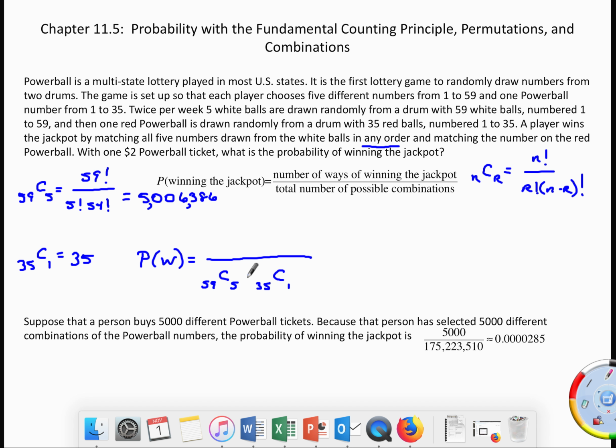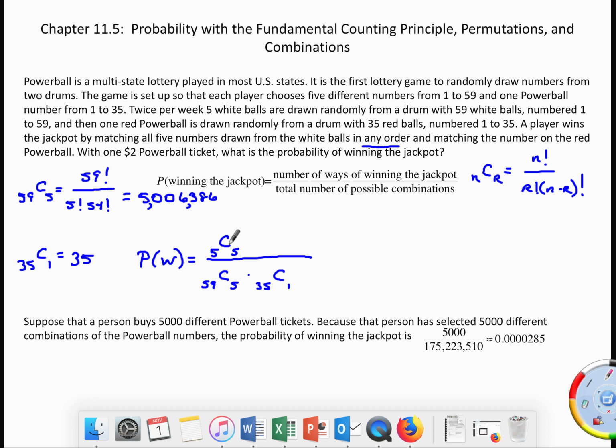Now the numerator is the number of ways of winning the jackpot, which means there are 5 white balls drawn. To have won, you need to choose all 5 of your balls from that group of 5 that's the winning numbers.